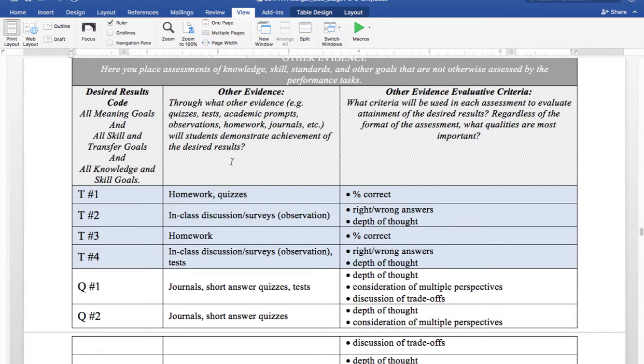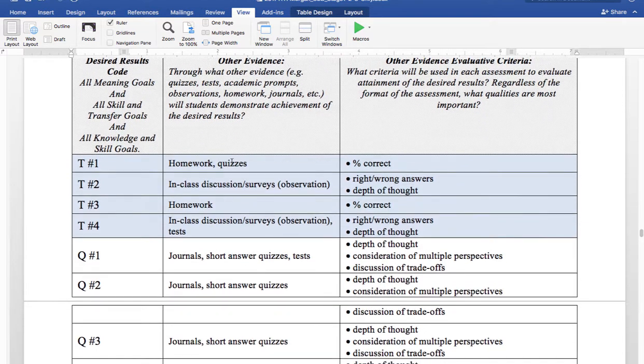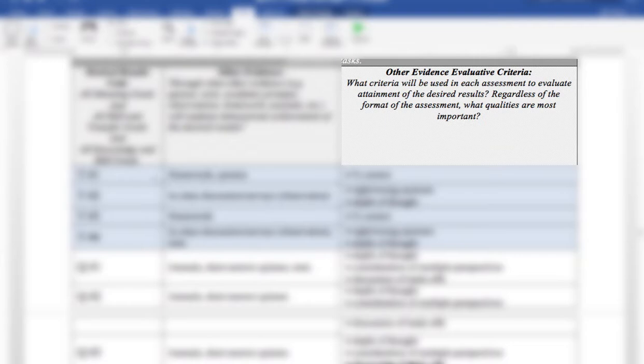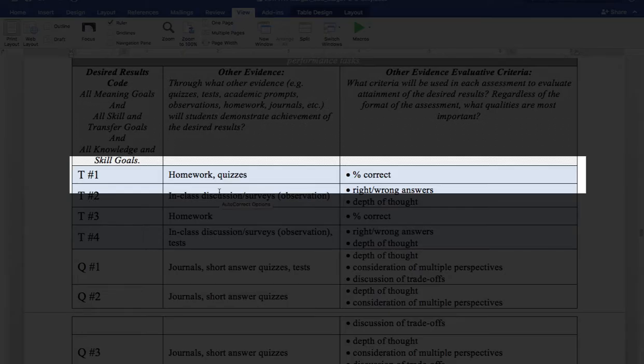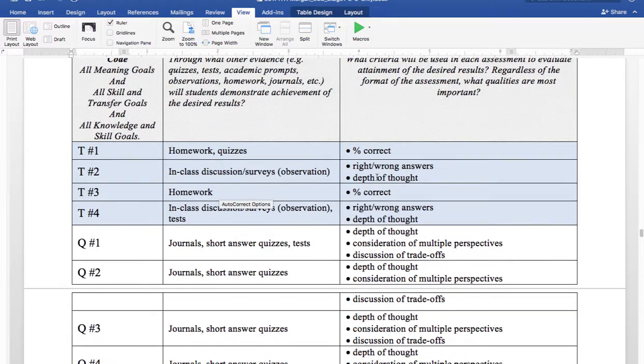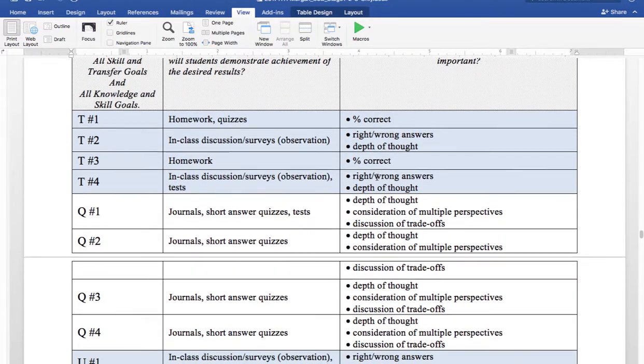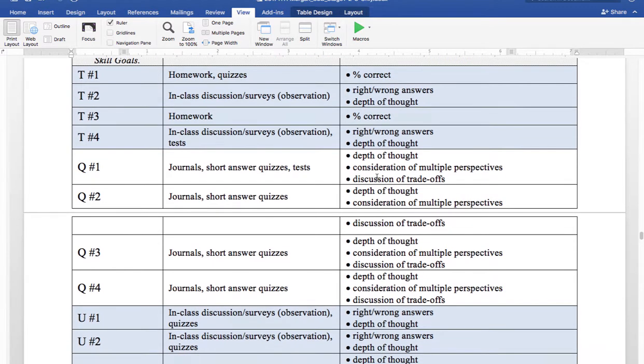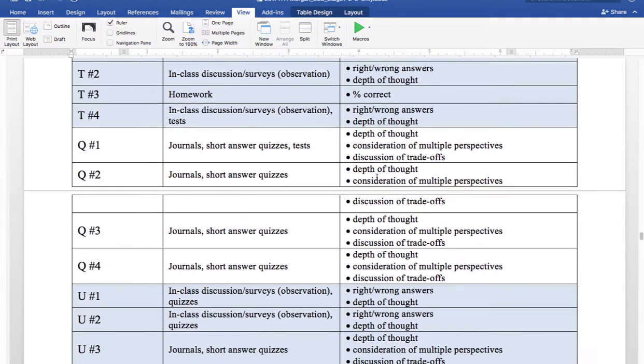So they have much more specific evaluative criteria. For instance, for transfer goal number 1, we might establish homework assignments or have quizzes. And really, the best way to evaluate those is the number correct, the percentage correct. So it should be pretty easy to gauge how well we're meeting the objectives by the responses.